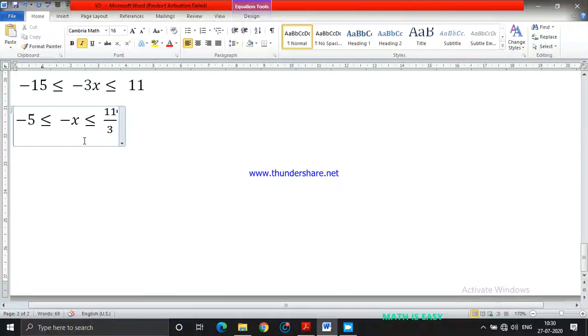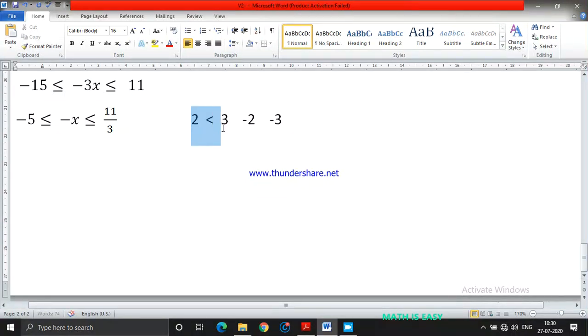Now why I said if we have minus here, if I want to remove, because I want x value, so just you cannot multiply with minus every time. You can multiply, but there is a little bit changes. For example, if I say 2 is less than 3, okay, so what I said, 2 is less than 3, then what do you think minus 2 and minus 3 have the relation?